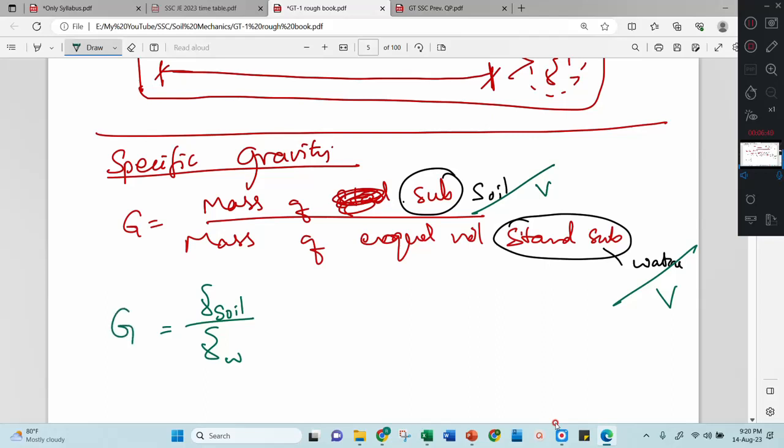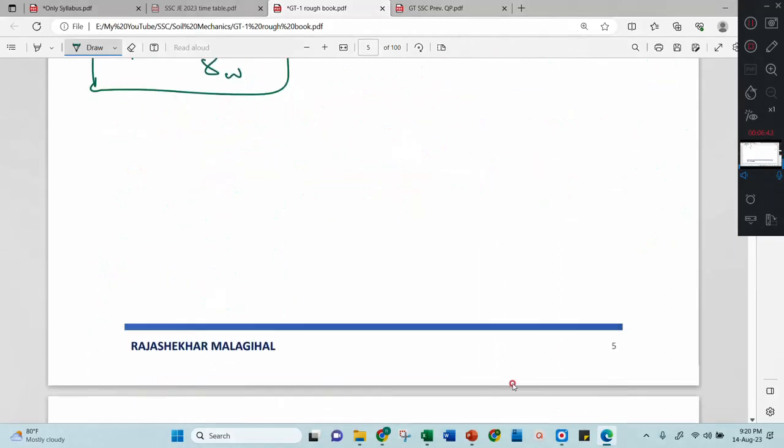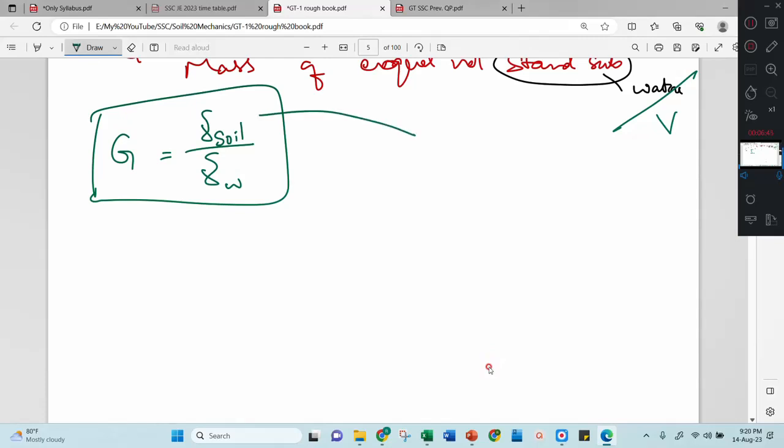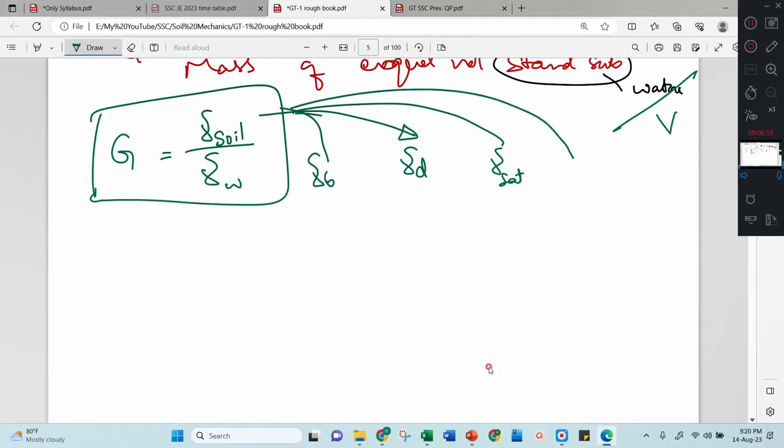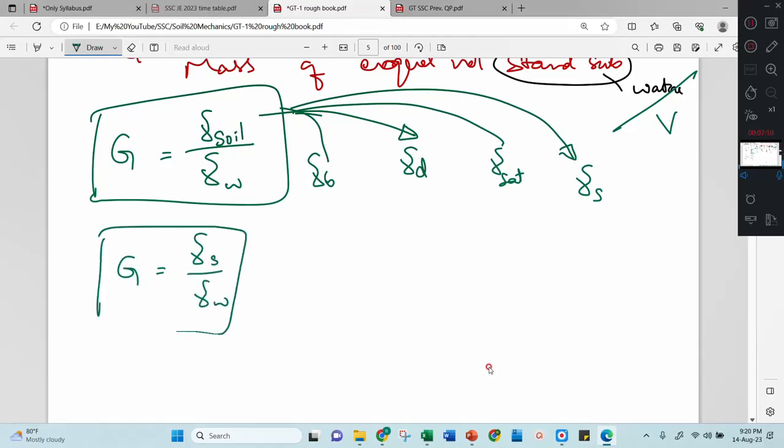Very interesting. Now look here, density of the soil, we have four types of densities. Gamma B is there, gamma D is there, gamma saturated is there, gamma solids is there. Then if I write gamma solids divided by gamma W, this specific gravity is called the true specific gravity.